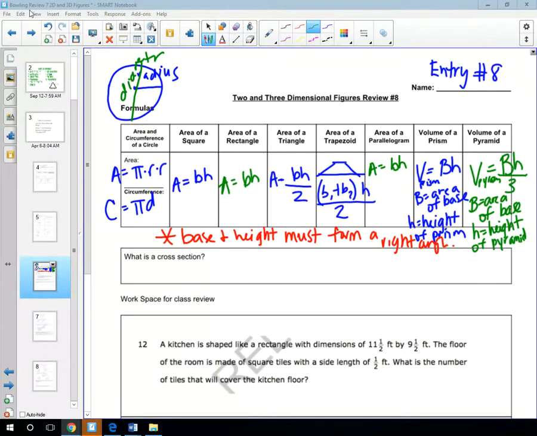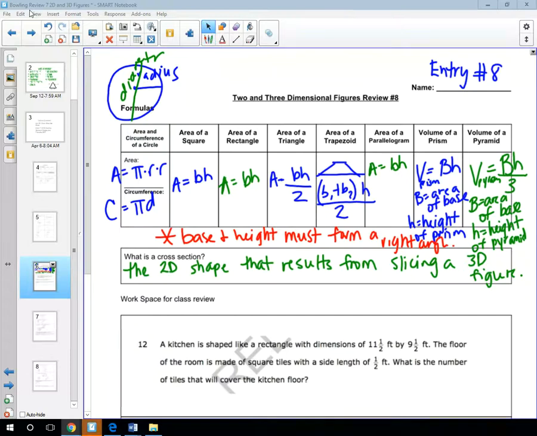So cross section is the 2D shape that results from slicing a 3D figure. And remember, we learned that if you take a prism and you slice it parallel to the base, you're always going to get the same shape as the base.